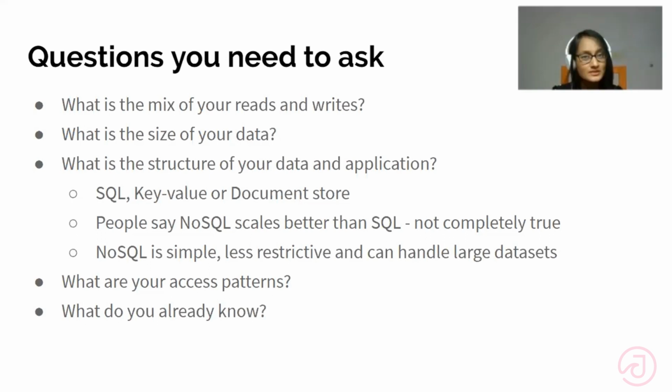Yes, NoSQL is simple, it is less restrictive and it can handle large data sets because it provides a lot of flexibility. But choosing SQL versus NoSQL also depends on what is important to you and your application. Even huge sites like Stack Overflow and Quora use SQL stores, whereas LinkedIn uses Espresso, which is a document-based distributed data store.